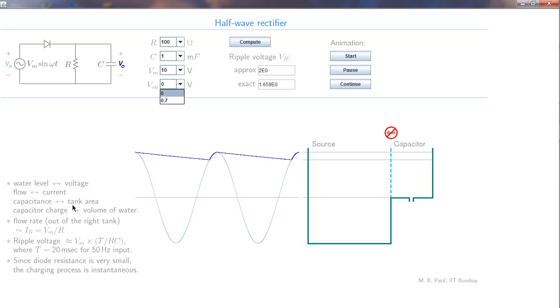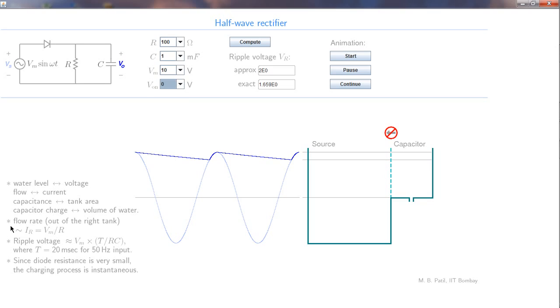Capacitance corresponds to the area of the tank. For example, if this tank was wider, then that means the capacitor is larger. And the capacitor charge is equivalent to the volume of the water inside. So if this tank has a certain volume of water, that corresponds to the charge on the capacitor.